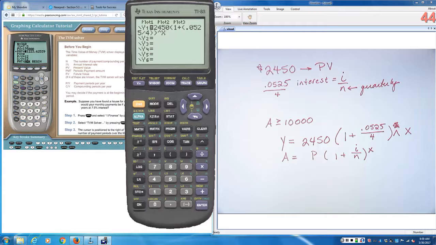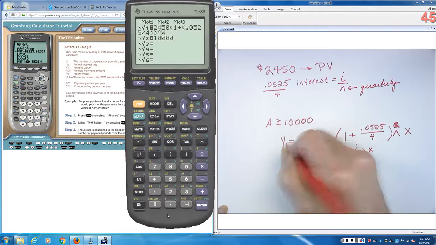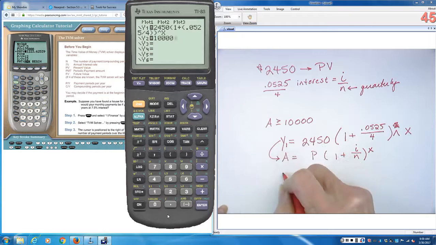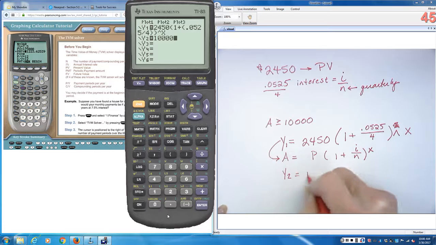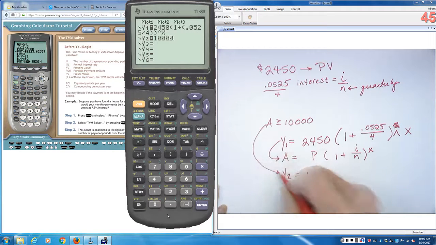Now, since we know our goal is to reach $10,000 at Y2, you put in $10,000.